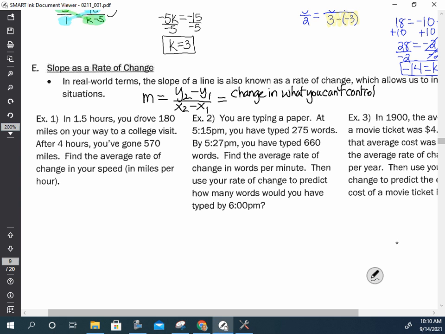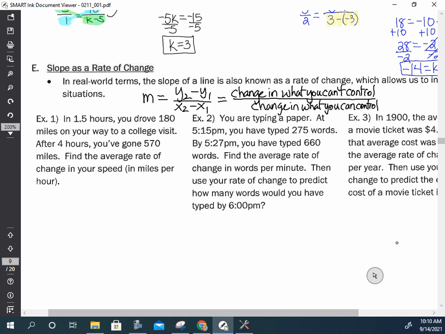Now, in science, that's known as the dependent variable, over the change in what you can control. That would be your independent variable. What you can control versus what you can't control.